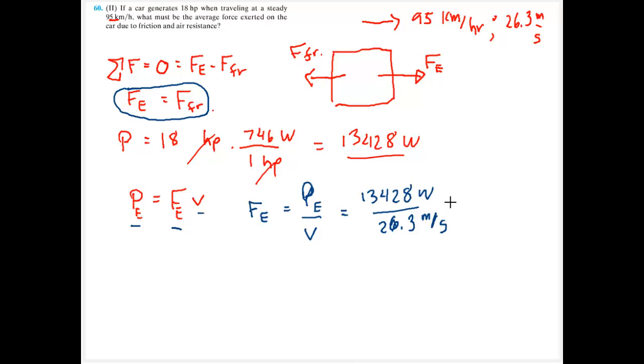And we're left with 510 newtons. That's the force of the engine, but that is also the force due to friction because the car is, again, not accelerating. So we've calculated that the force of friction must be 510 newtons.